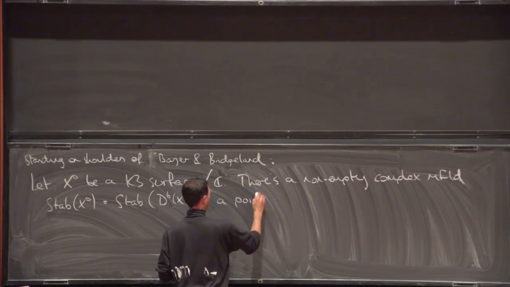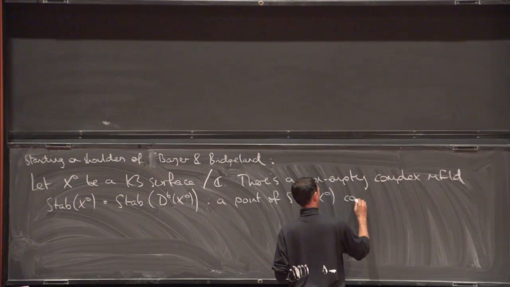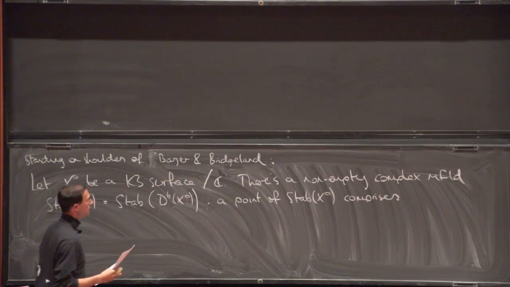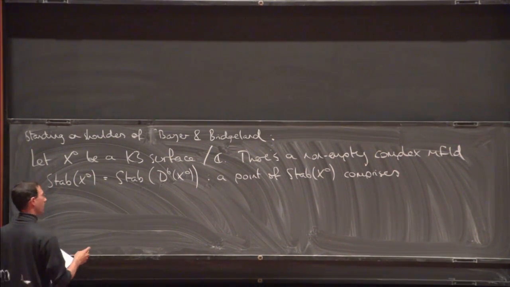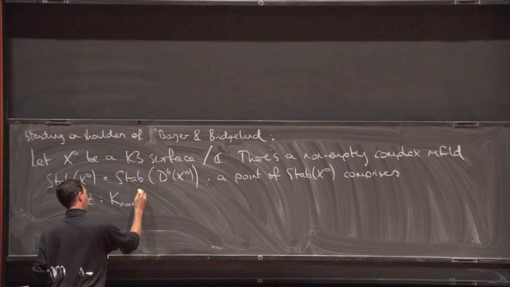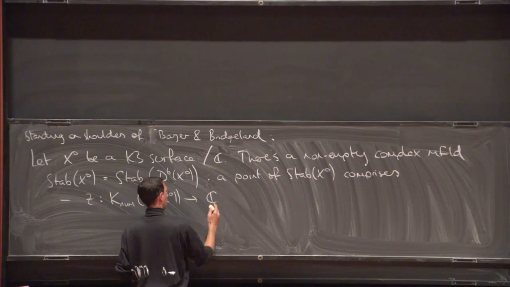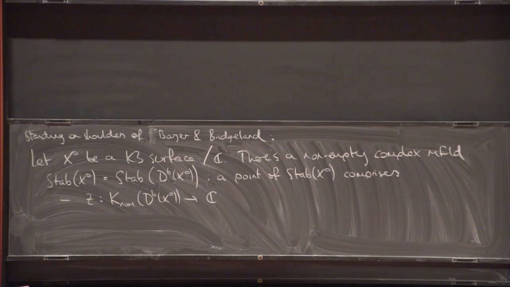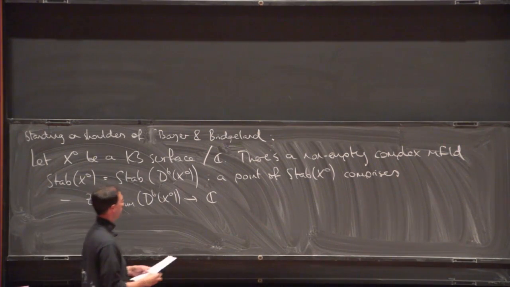And a point of the space of stability conditions comprises sort of two pieces of data which satisfy some axioms that I won't talk about. There's a homomorphism from the numerical Grothendieck group, the quotient of K0 of the category by the kernel of the Euler form.